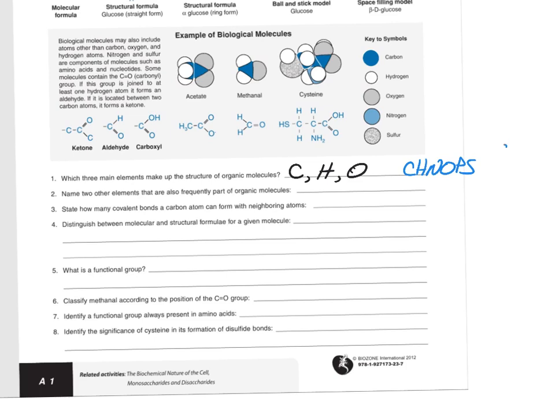And don't forget, calcium and potassium are going to be important too. Phosphorus, the element phosphorus. Name two other elements that are also frequently part of organic molecules. Well, we already mentioned them: nitrogen, phosphorus, and sulfur, the three, really.